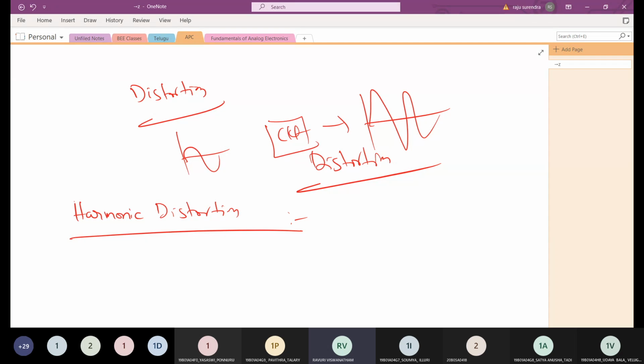The same signal should be there in the output. But when frequency components appear in the output signal which are not present in the input signal, this type of distortion is called harmonic distortion. All of you understood?